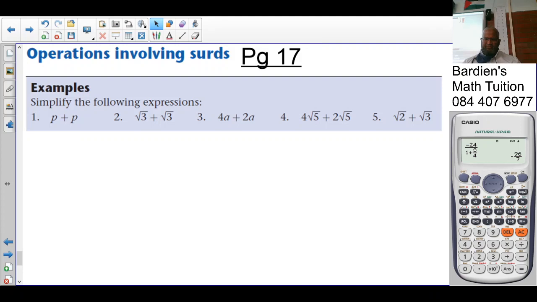You all agree with that? No confusion. Nobody's saying P squared, no? Okay. There's 2P, correct. So if P is replaced by root 3, what would root 3 plus root 3 then be? 2 root 3. You all agree with that?